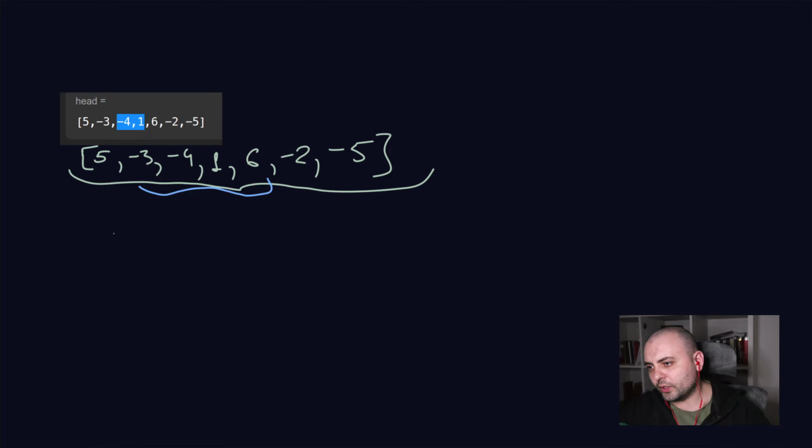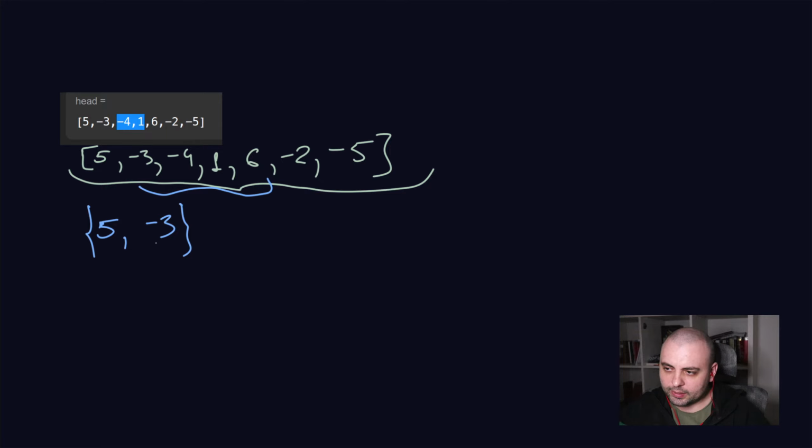So assuming we start with 5, we can check the next item of 5, which will be -3. So obviously this 2 is not 0, so it doesn't start a sequence yet.